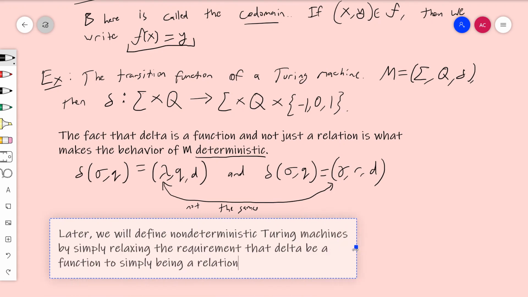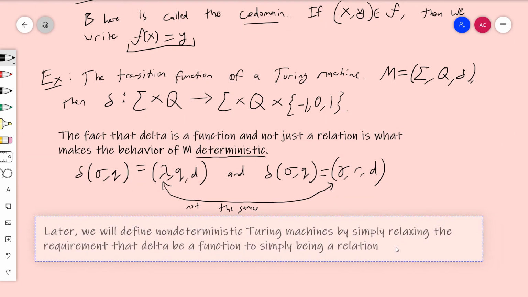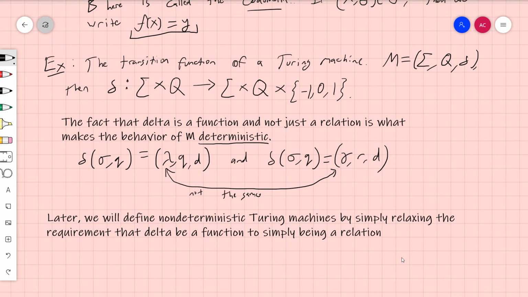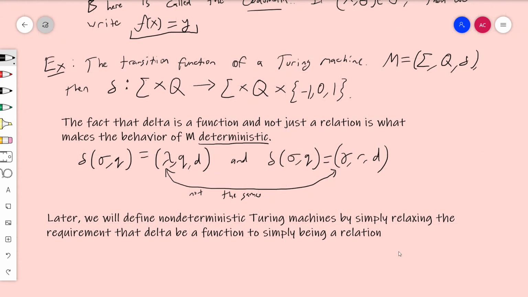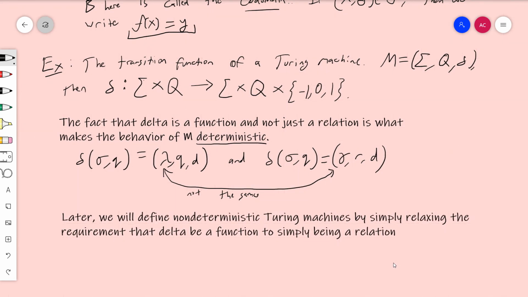So this is how actually we're going to define non-deterministic Turing machines. We're going to say delta is no longer necessarily a function, it's just a relation. And we'll have to talk about how to think of that. There's a lot to think about there once we get there, but that is how we're going to define non-deterministic Turing machines later.